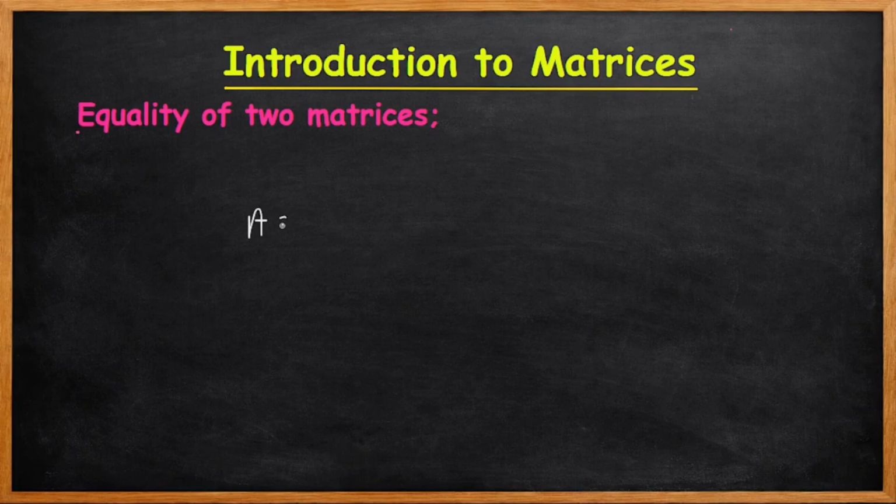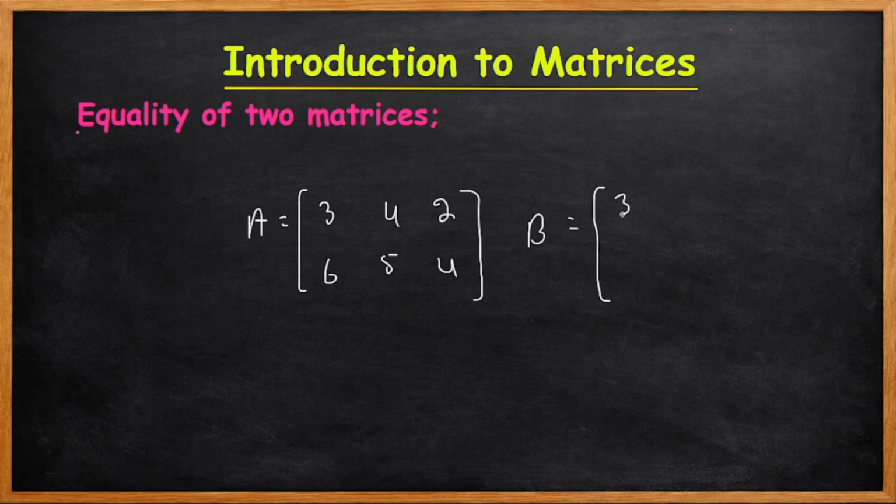A is equal to 3, 4, 2, 6, 5, and 4. And matrix B is equal to 3, 8 over 2, 2, 6, 10 over 2, and 4.